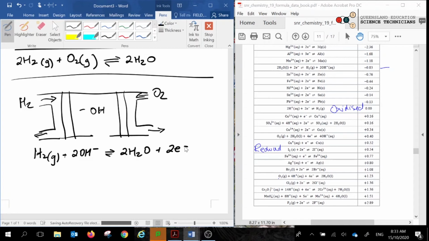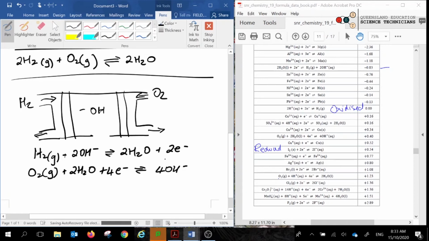So here I've got my oxygen and it also has hydroxide ions in. And I need to use some water, plus my 4 electrons to give me 4 OH minus.